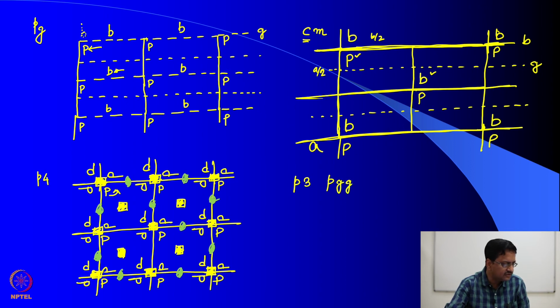These are the things which you should draw yourself. P4G, CMM, and maybe P6. These things you should practice drawing yourself and understand how these symmetry elements are forming.